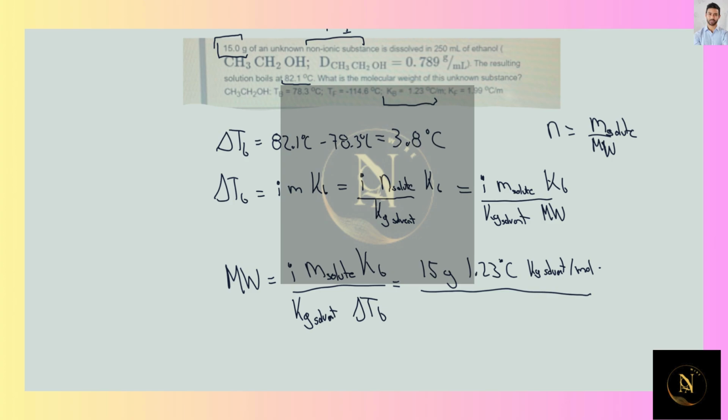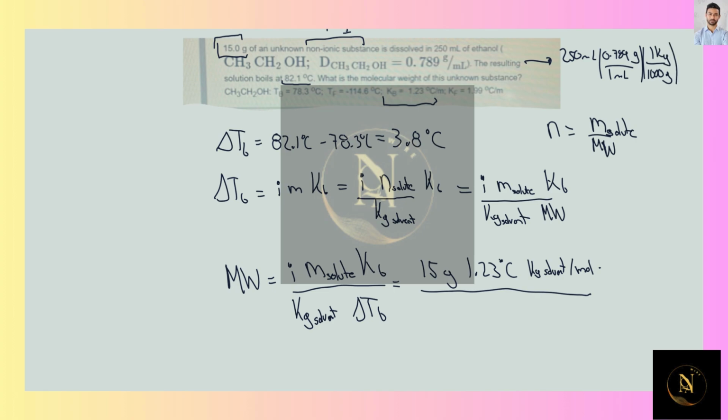We're going to have 250 milliliters, and we need to convert them into kilograms. So 250 milliliters of ethanol are going to have a weight of 0.789 grams per each milliliter. And finally, 1000 grams corresponds to 1 kilogram.